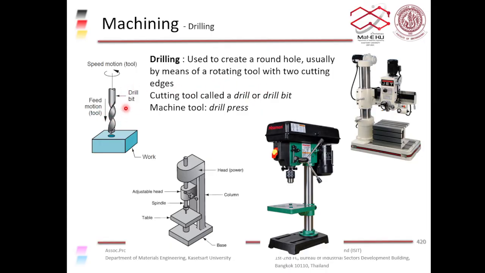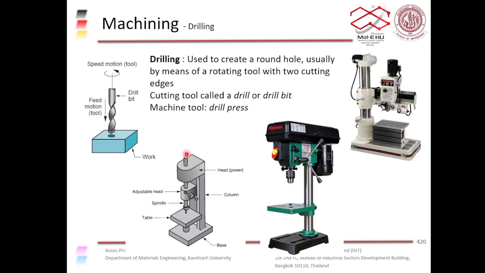The cutting tool is called a drill bit, and drill bits usually have two cutting edges in a spiral configuration. The machine tool is called a drill press, which can be a tabletop drill press or a floor-standing drill press.